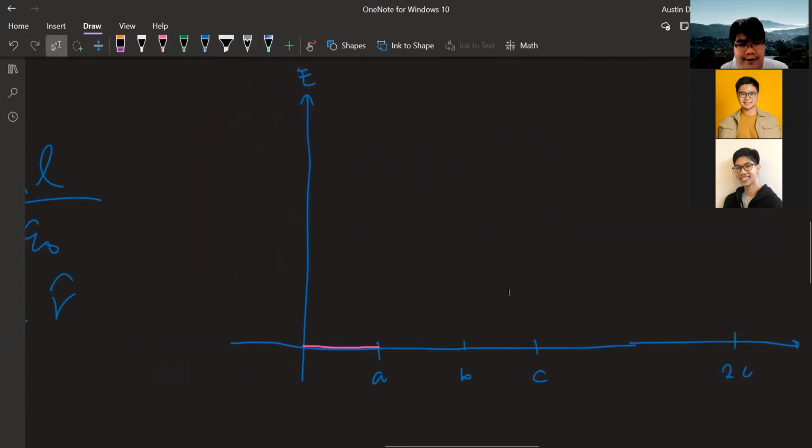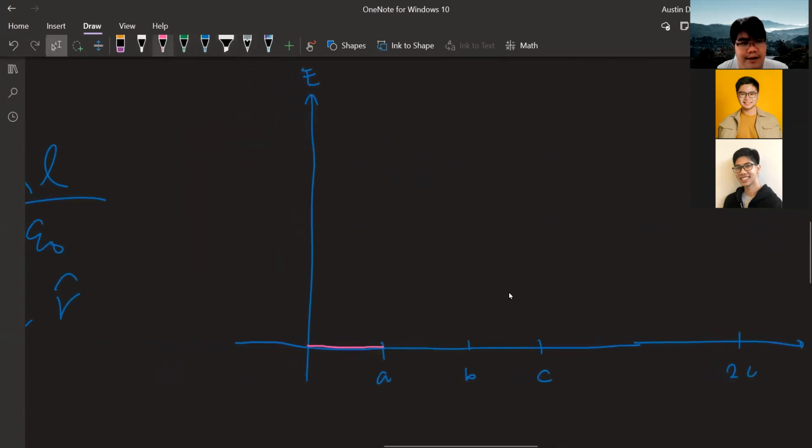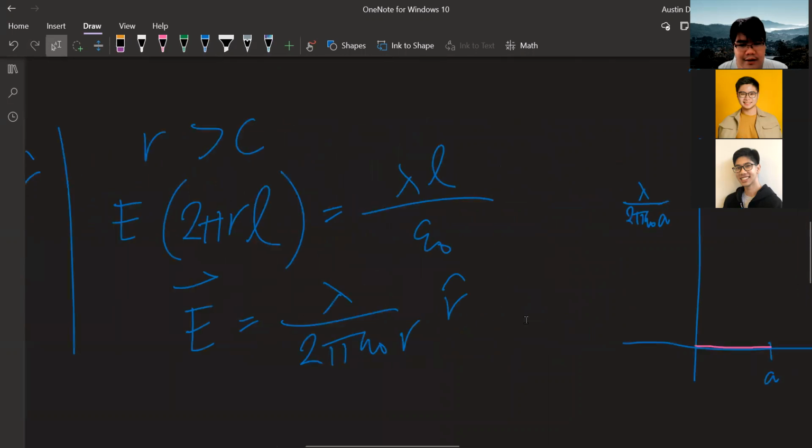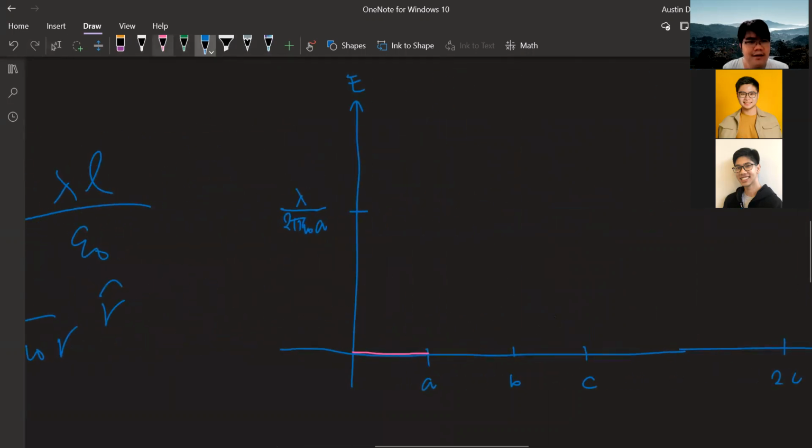And then I just have here, which is lambda over 2 pi epsilon naught A. Pinlog in ko lang yung A. Then, tatalon siya from that value to this value.